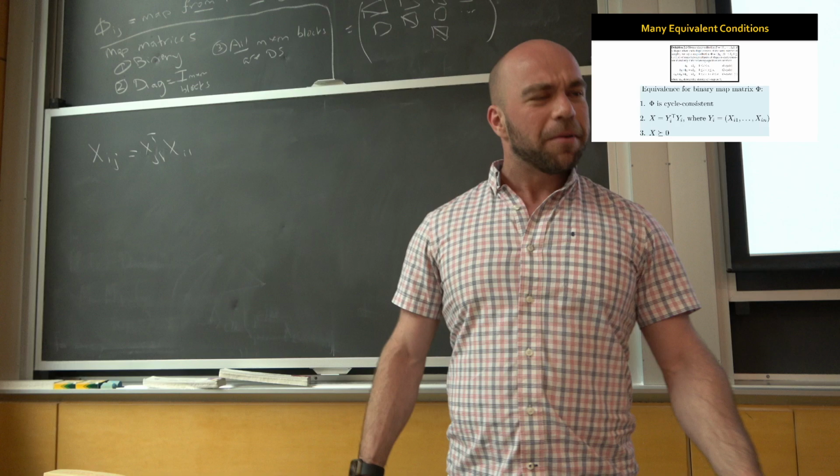So, first of all, let's see. We have the first, phi I is equal to identity. The first property there is true by definition, right? That's part of the definition of a map matrix. So now we have phi j I composed with phi I j, like that.